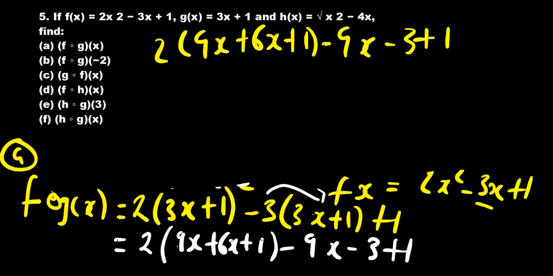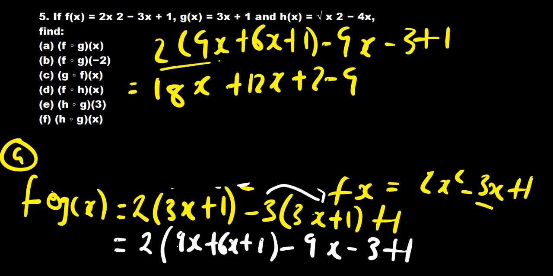If we distribute 2 throughout the bracket, this will be 18x squared plus 12x plus 2 minus 9x minus 3 plus 1. Let's simplify this.